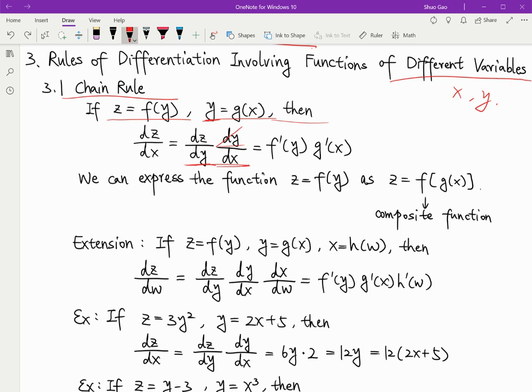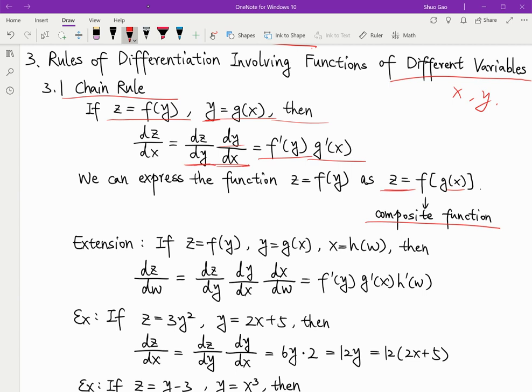In this example, dz over dy is just f prime, and dy over dx is g prime. So dz over dx is just f prime times g prime. And we can use a composite function to express the relationship between z and x.